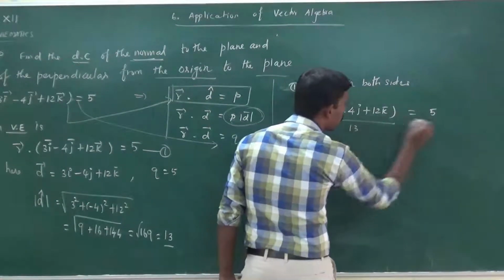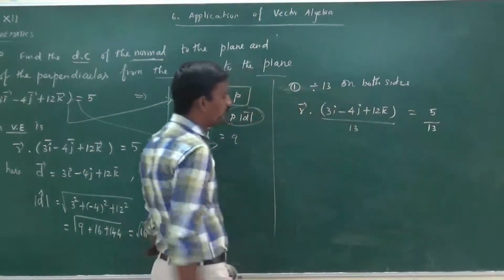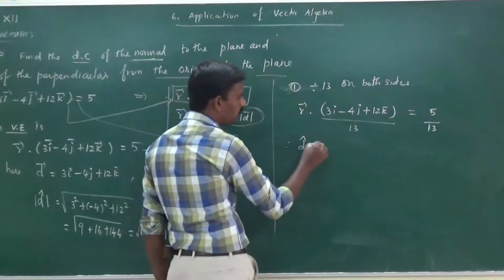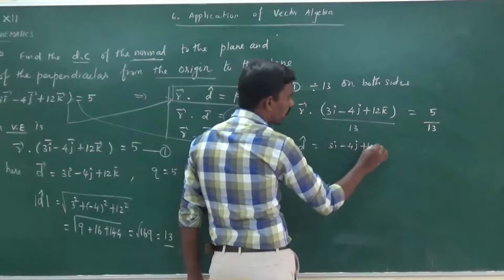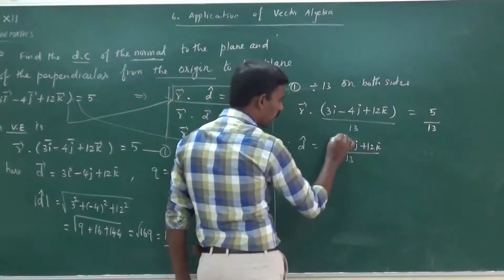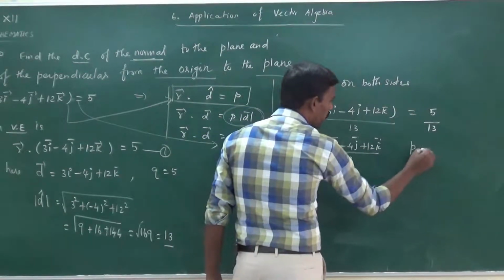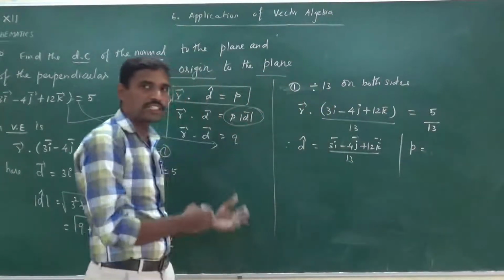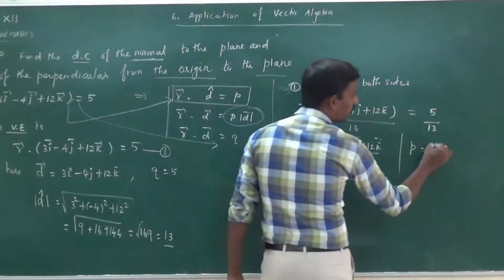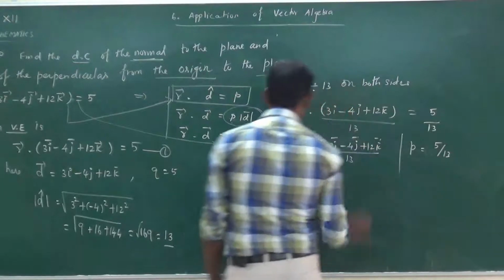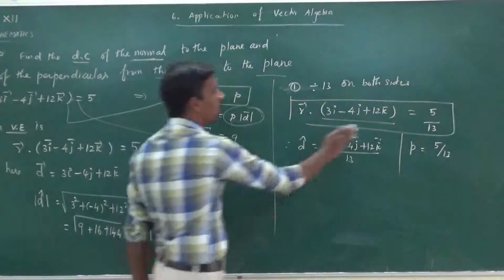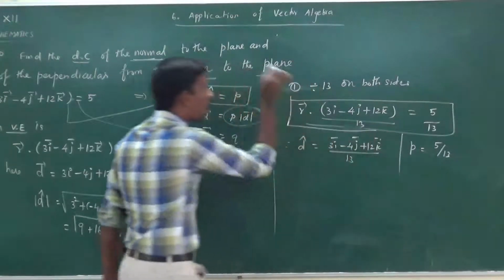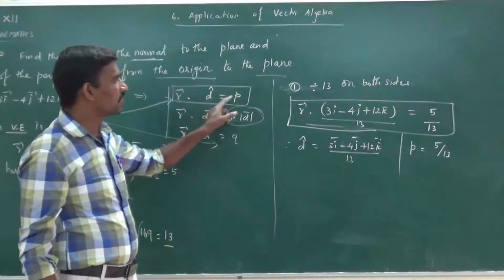So therefore, d cap is equal to 3i vector minus 4j vector plus 12k vector divided by 13. And small p, the perpendicular distance between origin and the plane, is 5 divided by 13. So this is the standard form of r vector dot d cap, which is equal to p.